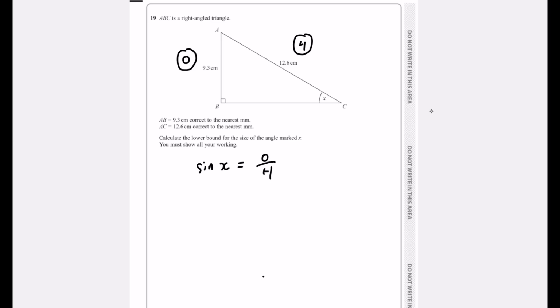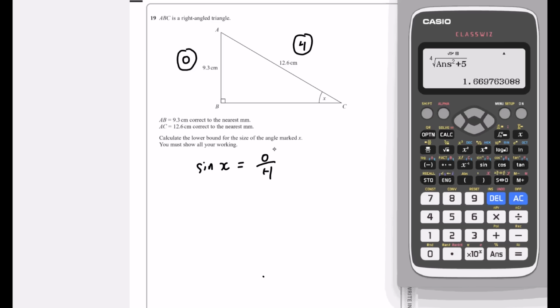And the smallest angle will come from the smallest possible fraction. So if I have shift sine 0.1, that's 5 degrees, 0.2, 11 degrees.